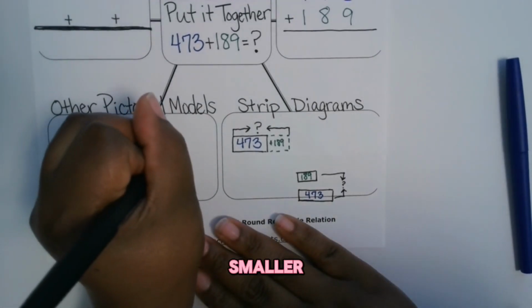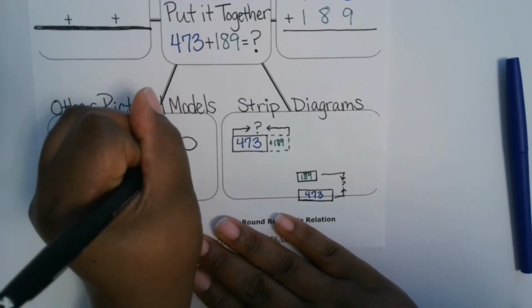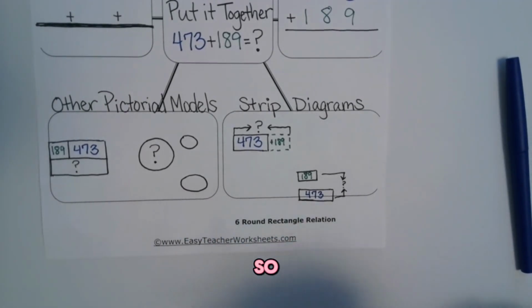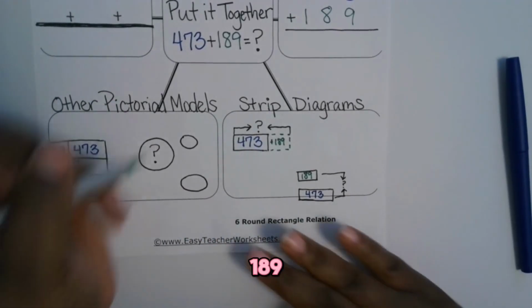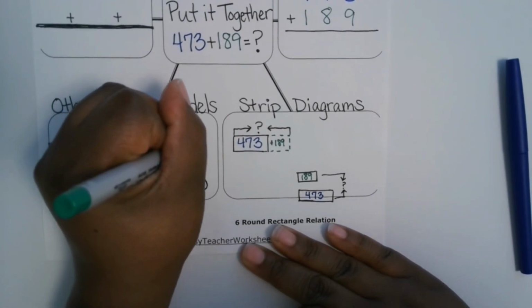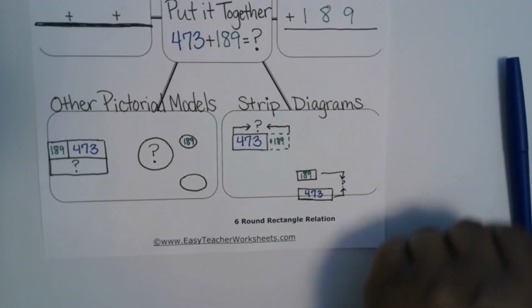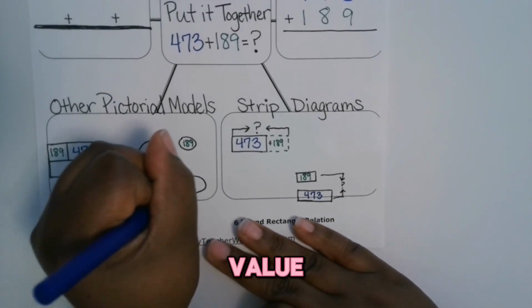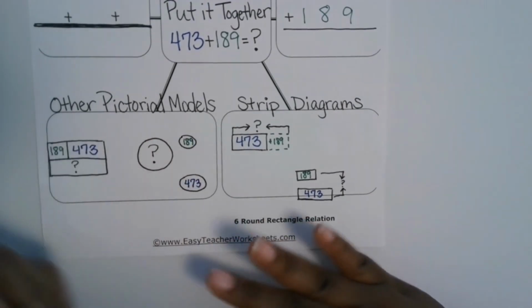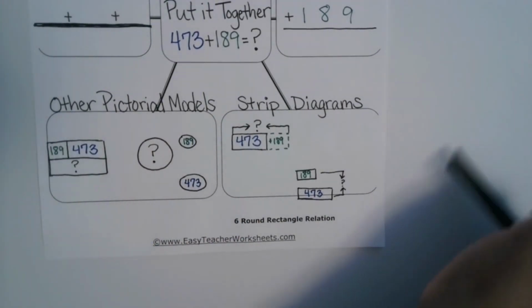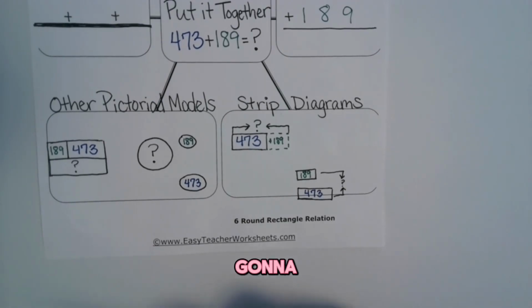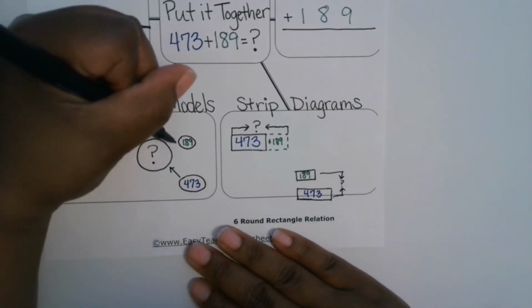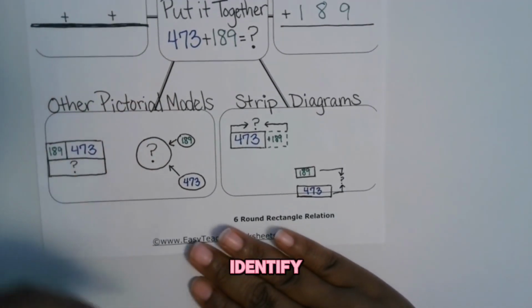There will be a smaller circle to represent your smaller value, and then a bigger circle to represent the bigger value. So of course our smaller value would be 189, and our bigger value would be 473. And to show that we are putting those together, we're going to use arrows to show the movement. We're combining this part with this part to identify our whole.